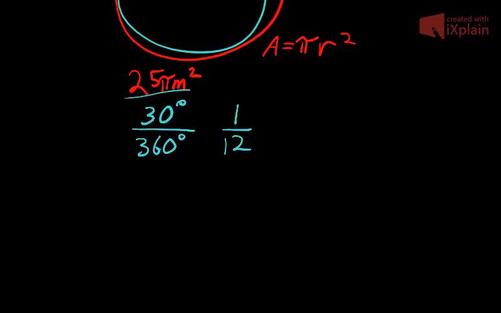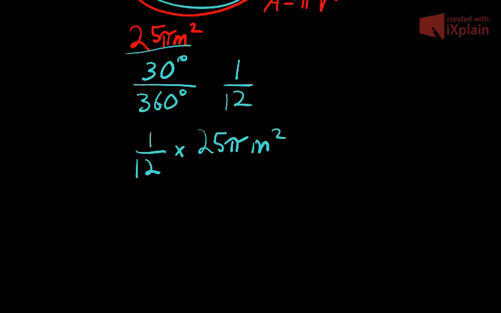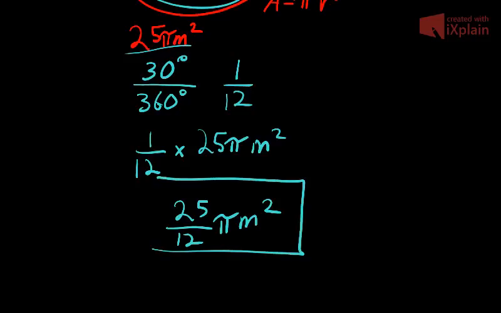If I want to find 1/12 of that, we're going to remember that of means multiply. So we have 1/12 times 25 pi meters squared, which is 25 over 12 pi meters squared, and that does not simplify. There's nothing else we can do with it. We're just going to leave it here, and that would be the answer of the area of our sector.